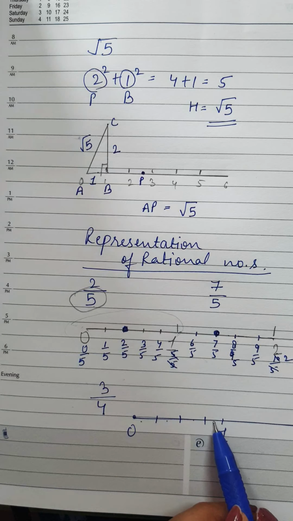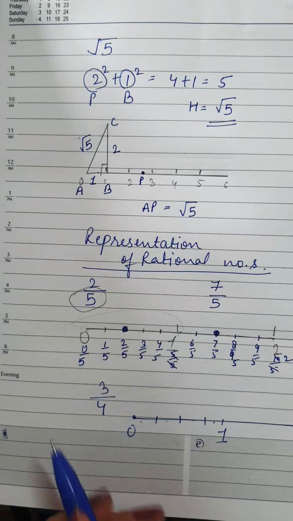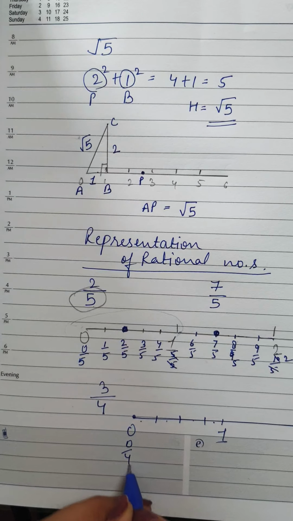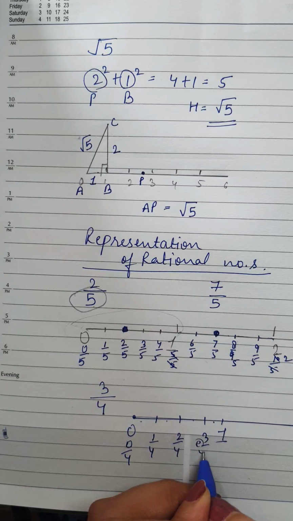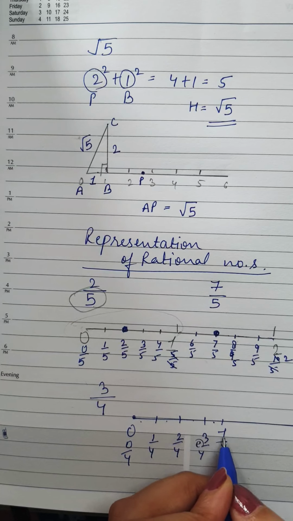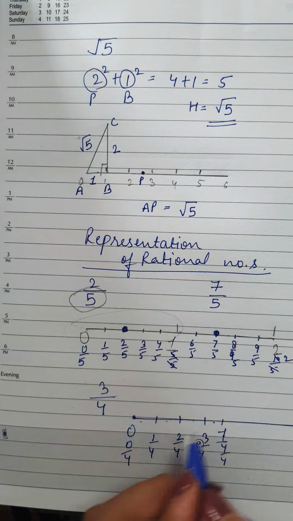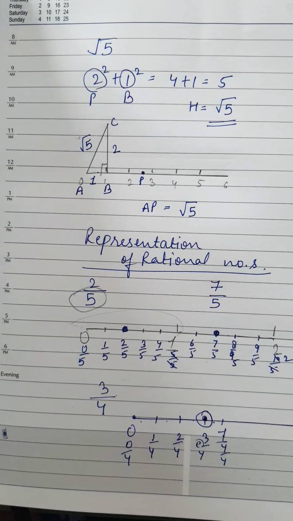First, second, third, fourth. 3 by 4, so I will start from 0 by 4, 1 by 4, 2 by 4, 3 by 4, 4 by 4. 4 by 4 will be 1, but our number is this. I hope these things are clear to you. So try practicing them, representation of rational and irrational numbers on the number line.